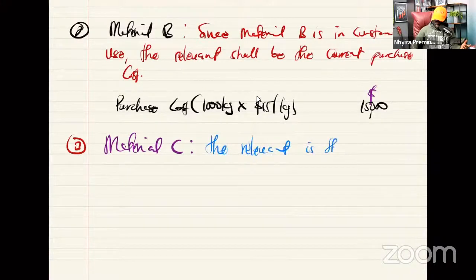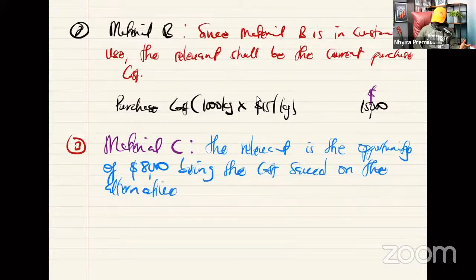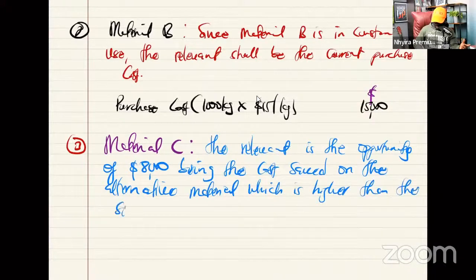is the opportunity cost of $8,000, being the cost saved on the alternative material, which is higher than the selling price of $6,000.